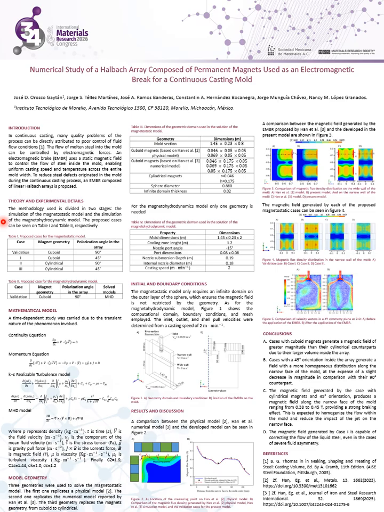The validation case based on Han et al. numerical work uses cuboid permanent magnets and a polarization angle inside the array of 90 degrees. The proposed case number 1 uses the same magnet geometry while changing the polarization angle from 90 degrees to 45 degrees.